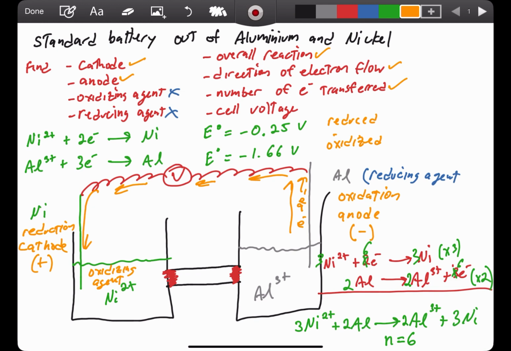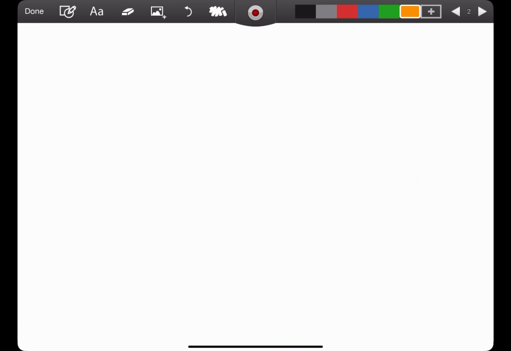Now for the cell voltage, what we need to do, and I'm going to go to the next page here, for overall cell voltage, we want to use the equation E0 cell is equal to E0 cathode minus E0 anode. Now, when we use this equation, we only use reduction potentials.